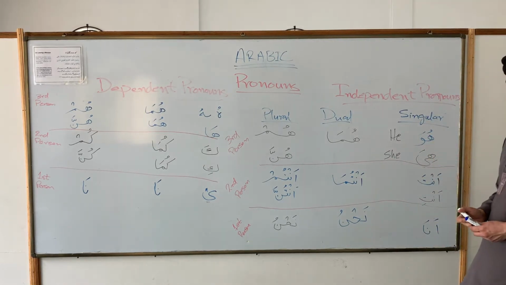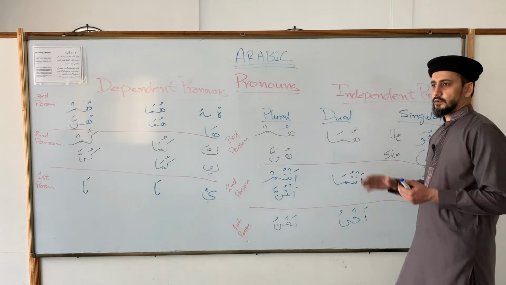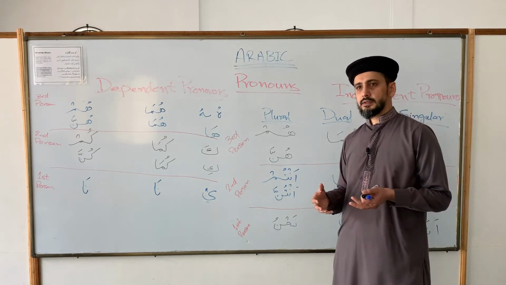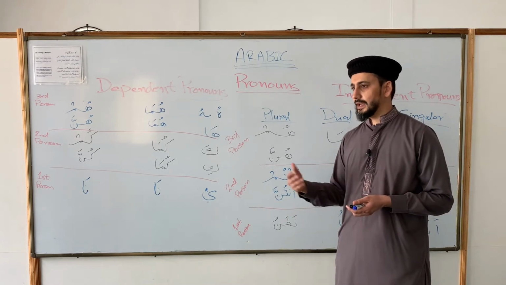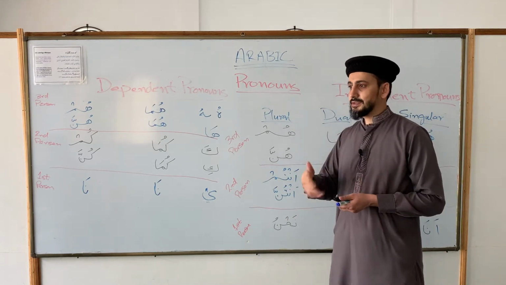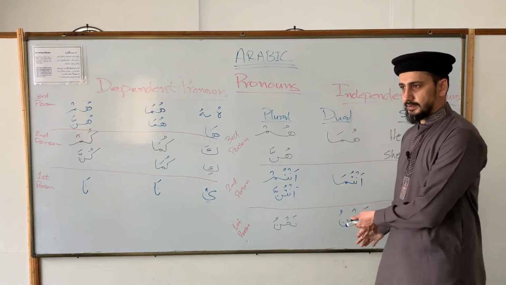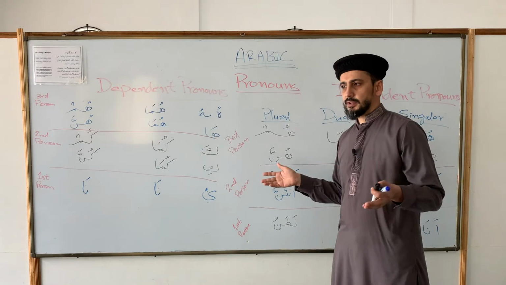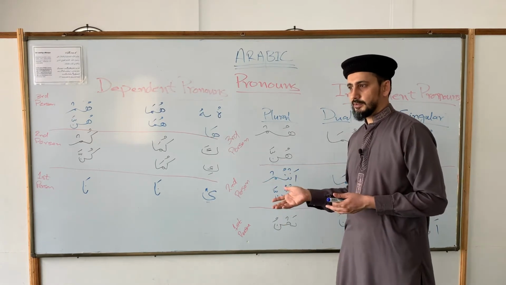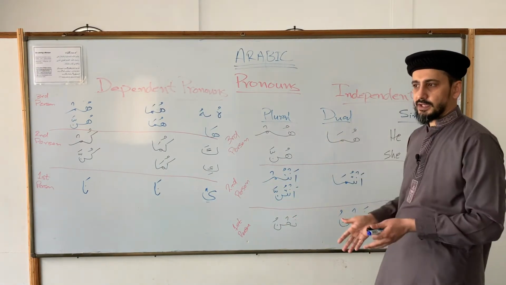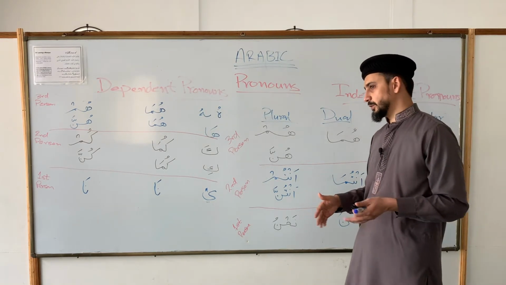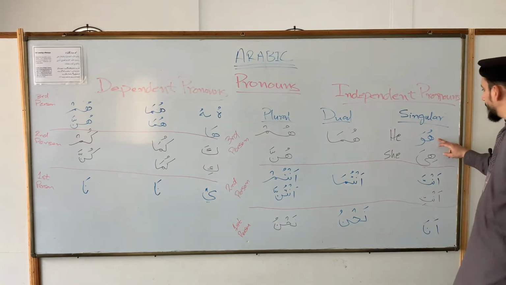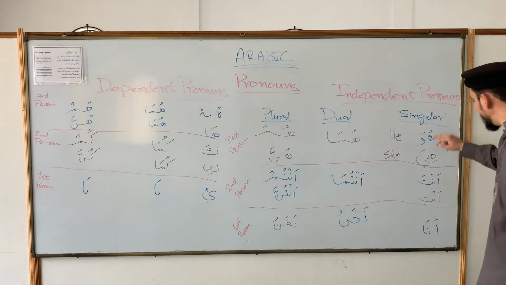The purpose of learning Arabic grammar is that when we come across these words again and again, we don't have to memorize again and again. Once you memorize this, if these words come 200 times in the Holy Quran, you already know them. It will help you whenever these words pop up. Huwa means he, hiya means she.